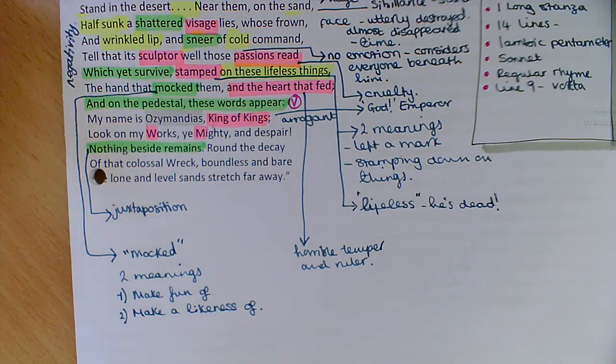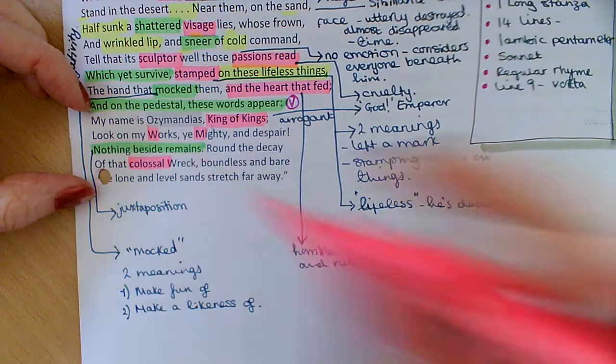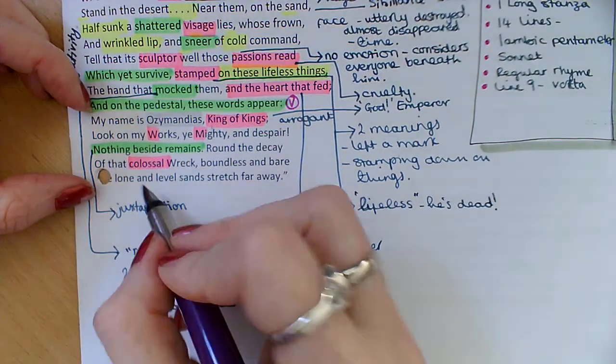And then we've got round the decay of that colossal wreck, boundless and bare, the lone and level sands stretch far away. What does colossal mean? Yeah, so we've got another idea of being huge.